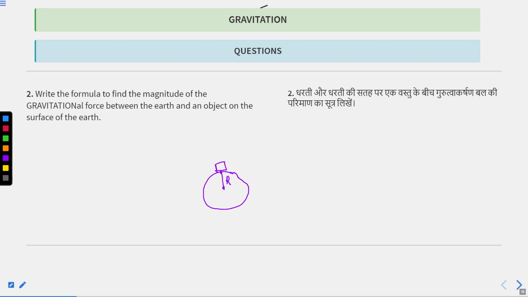Let's suppose the mass of Earth is capital M, the mass of the object is small m, and the distance between them is r. Then the force will be G capital M small m divided by r square. This is the formula for the gravitational force between Earth and any object put on the surface of the Earth.